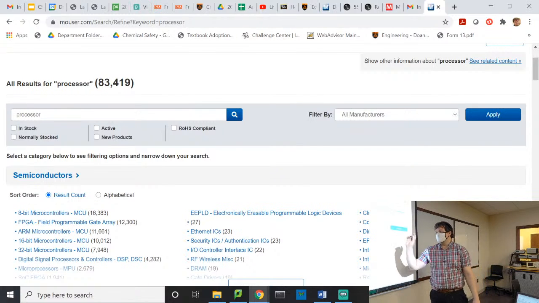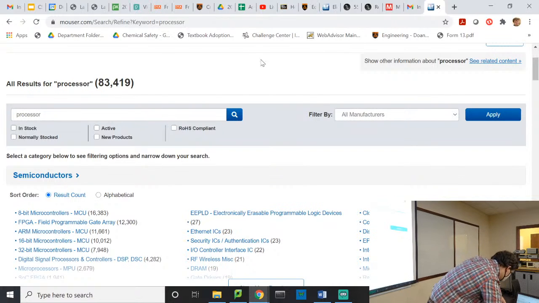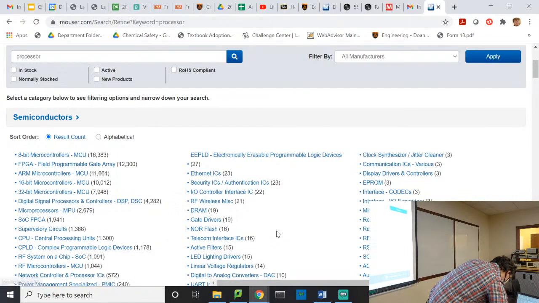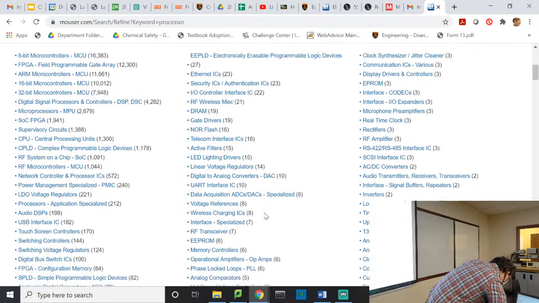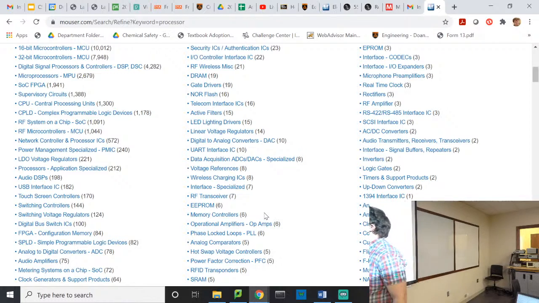What we're mostly looking for is what's on the left side there, the 8-bit, 16-bit, 32-bit microprocessors. They're down there. I'm not sure if these CPUs are also on this page. I guess we'll look real quick. Ah, yes. Right there.